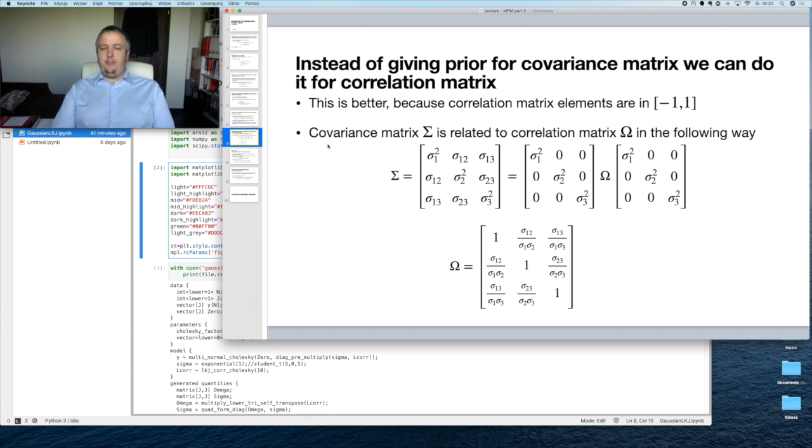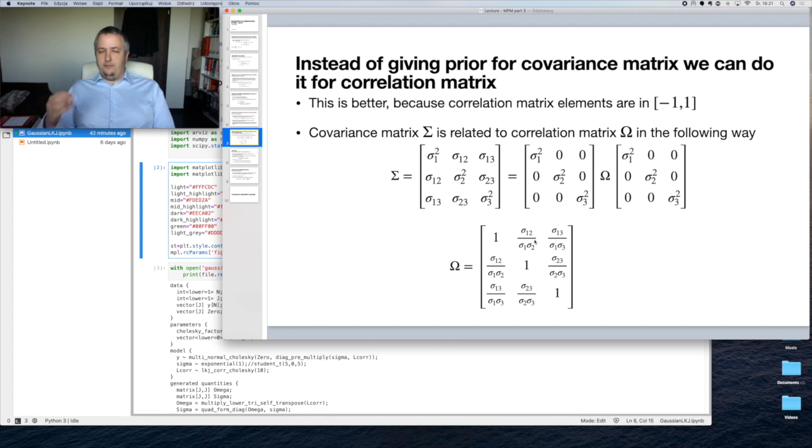And the correlation matrix is a nice concept of a kind of scaled covariance matrix, because it is a matrix that has ones on the diagonal, and outside of the diagonal has covariances between variables depending on the index, for example first and second, first and third, divided by the standard deviations of both of those variables.